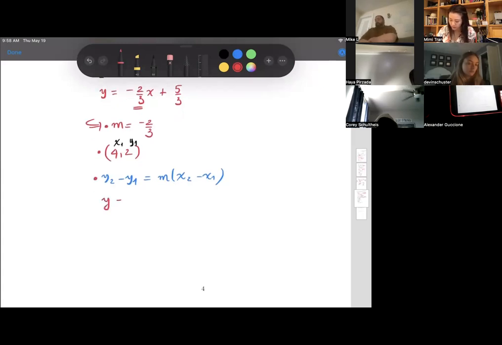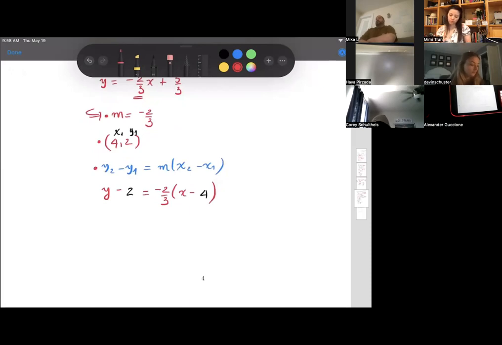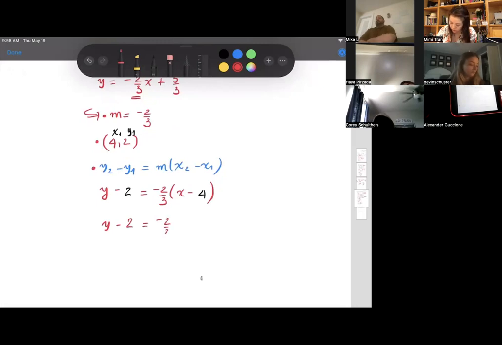So y minus 2 equal negative 2/3 times x minus 4. y minus 2 equal, distribute negative 2/3, so negative 2/3 x plus 8/3.